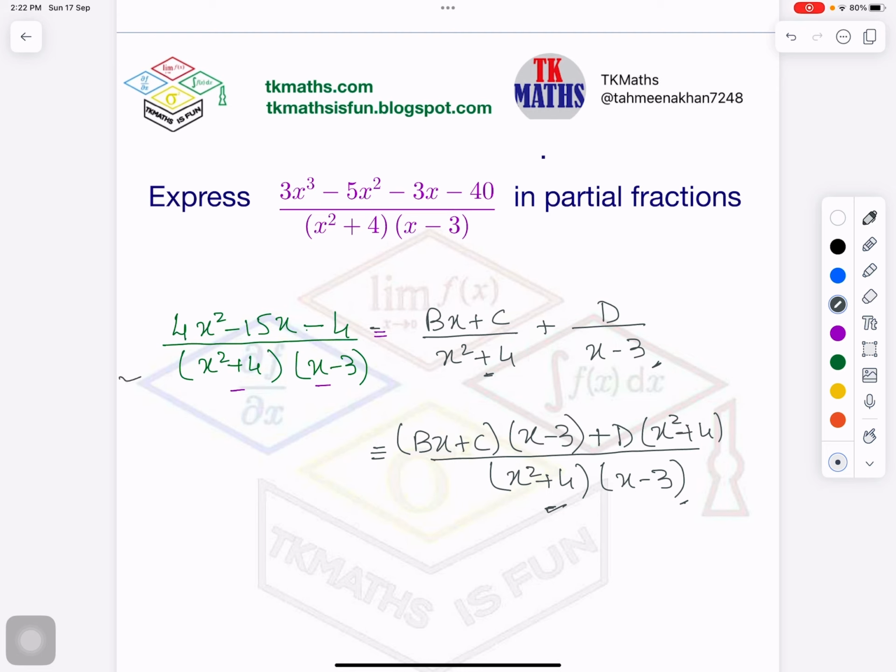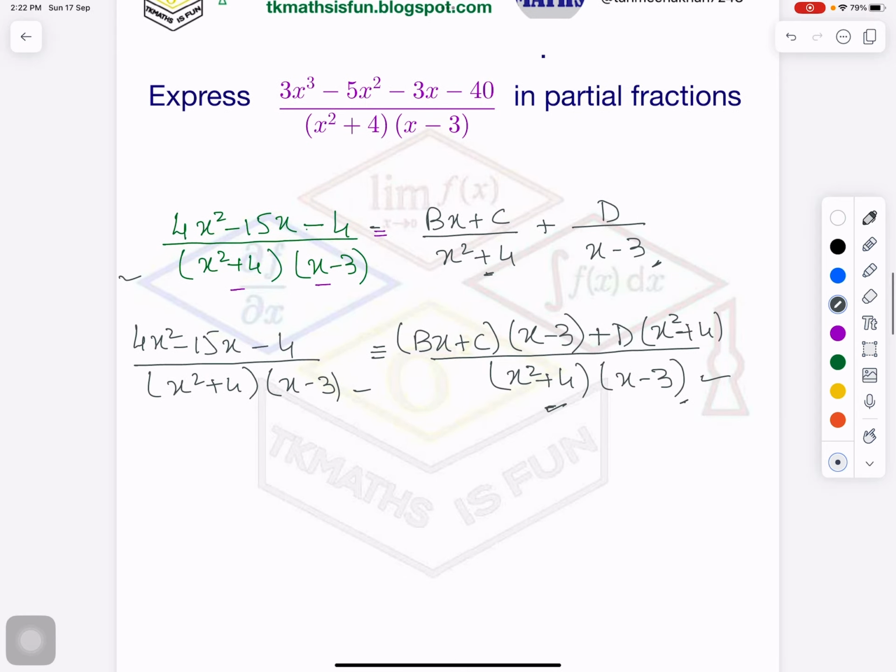Now let me write it here for you so that you can understand better. The denominator is the same on both sides, so you can leave them aside, and now I'm writing out the numerator. So it is bx plus c, x minus 3 plus d.